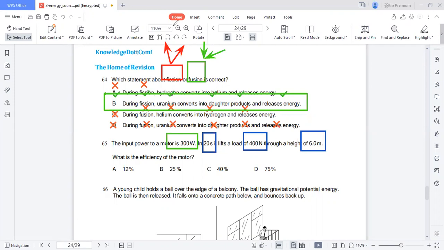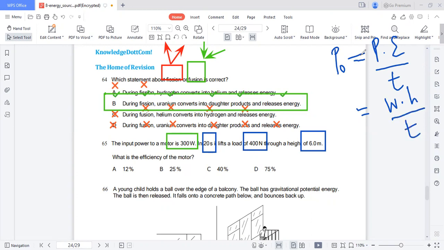Now let's calculate the output power. It is actually potential energy over time. Potential energy is weight times height, over time.